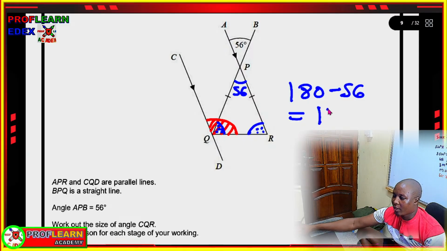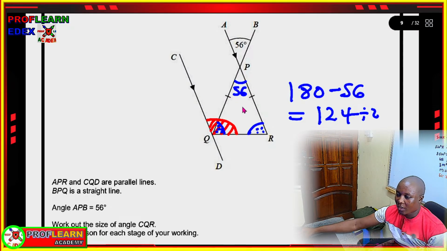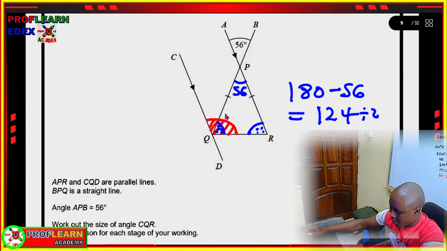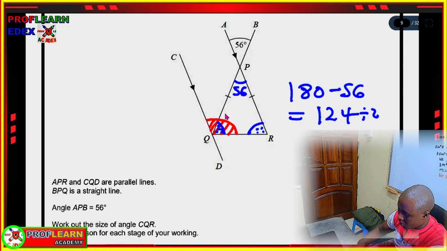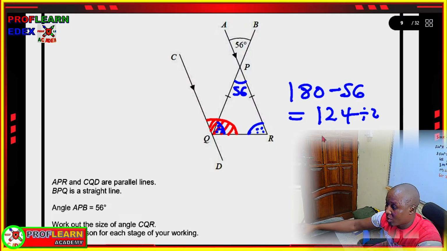Then 124 divided by 2, because this is an isosceles triangle. If we divide by 2, we get our answer, 62. So this angle is 62 degrees, and this angle that we have here is also 62.